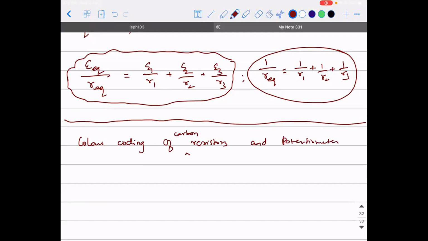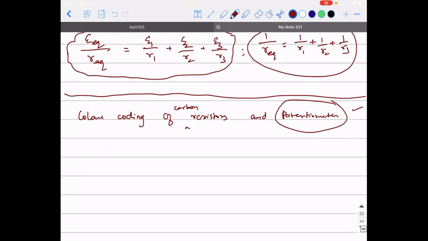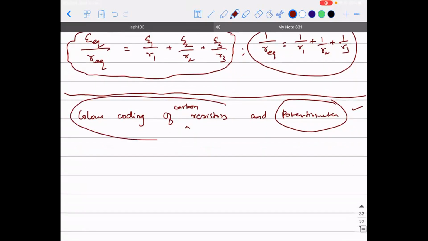See, potentiometer, as I told you previously, I'm not going to teach now, because it's not as simple as meter bridge, where you can at least try to visualize something. You need to do this experiment to understand. If possible, I will try to show it practically at some point, or else I'll explain it later once you do practicals in your school. Okay, there'll be some point you will be doing it, right? So the last topic that is left out in this chapter is color coding of carbon resistors, and this is a 5-minute job. We'll finish it now itself.